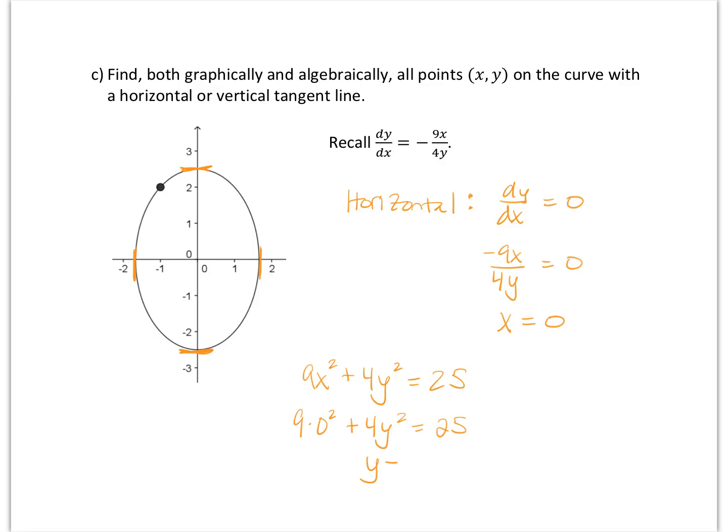So y is going to be the square root of 25 fourths, so 5 halves, plus or minus 5 halves. So this point right here, one of my horizontal tangent lines, is at 0, comma 5 halves, and my other one down here is at 0, comma negative 5 halves. Okay, and I'm out of room, so I'm going to repeat this process for the vertical tangent lines on the next slide.